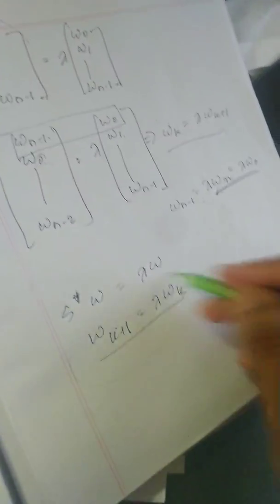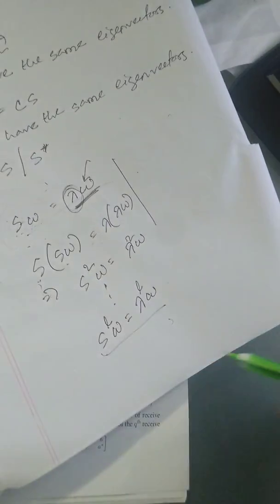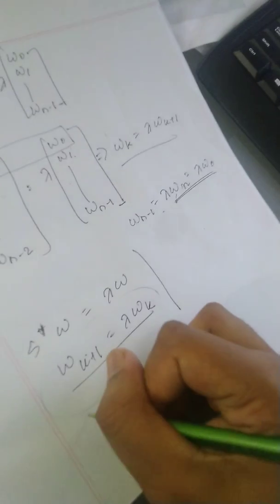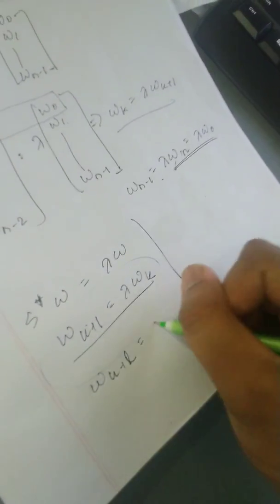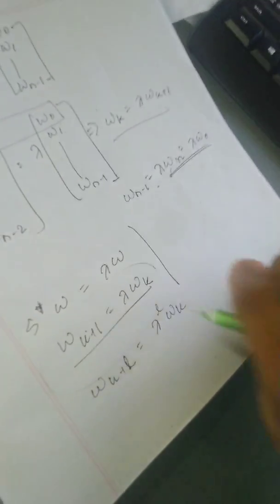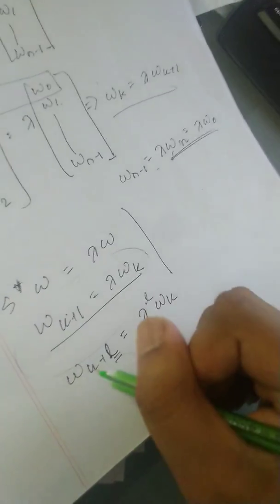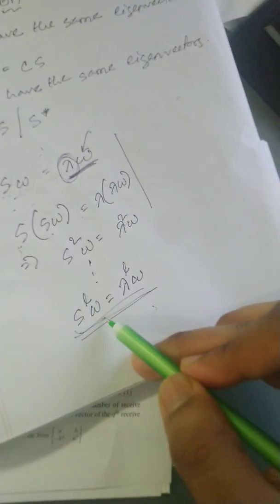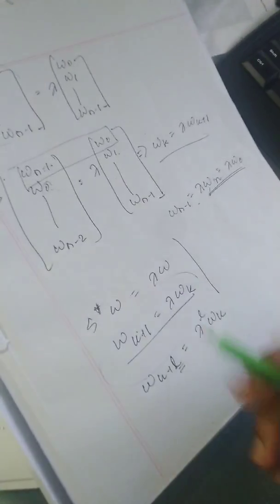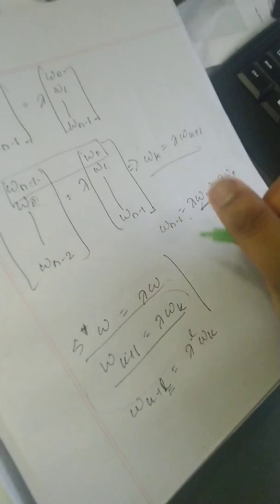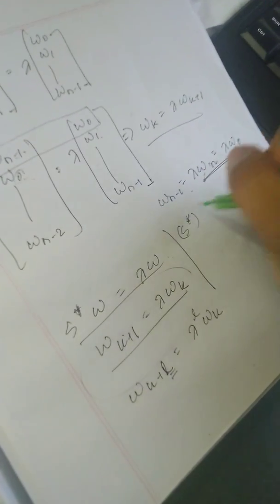Let's use this one. And from another property of the eigenvalue and the eigenvectors, we can write w k plus l equals lambda to the power l wk. Why have we used l here, k plus l? Because we are multiplying the S matrix l times with the vector w, and we are writing these equations for S conjugate.